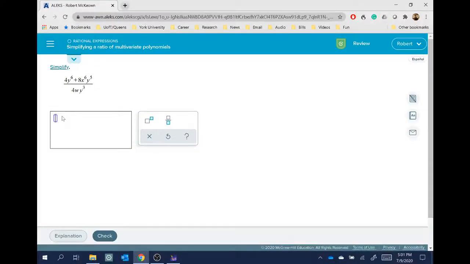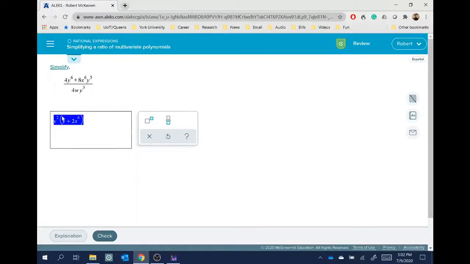So here I am on ALEKS. I'm going to plug in our simplification. So we have y squared, and then a bracket, y plus 2x to the power of 6. And make sure I get my brackets looking as correct as possible.